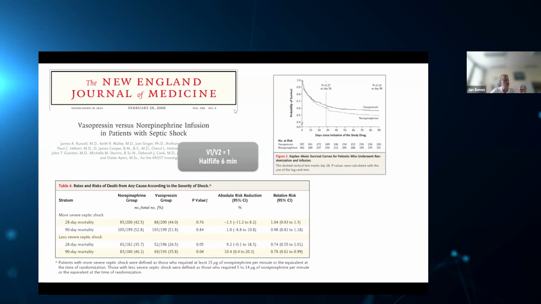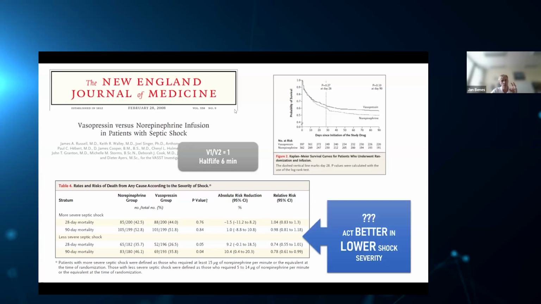When we add vasopressin at this moment, we have at least a signal of improvement in the patients, and it works better in lower shock severity. So while reaching the 0.25 base, 0.3 in norepinephrine base, you should start considering adding vasopressin.